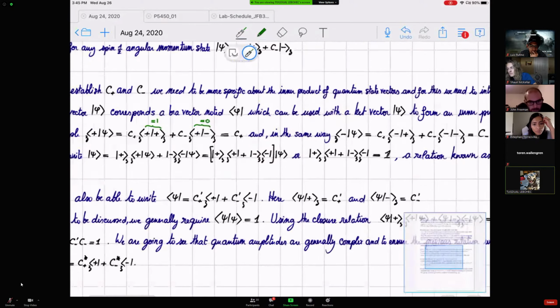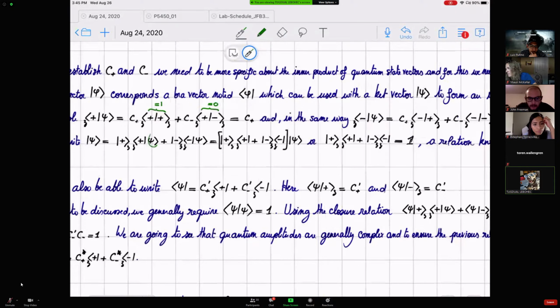So now you see that I have this ket psi here and here, so I can factor out the psi, and I would find myself with just the ket plus sub z times the bra plus sub z. But here the order matters. It's important that plus sub z, the ket, is on the left side of plus sub z, the bra. And the same thing with minus.